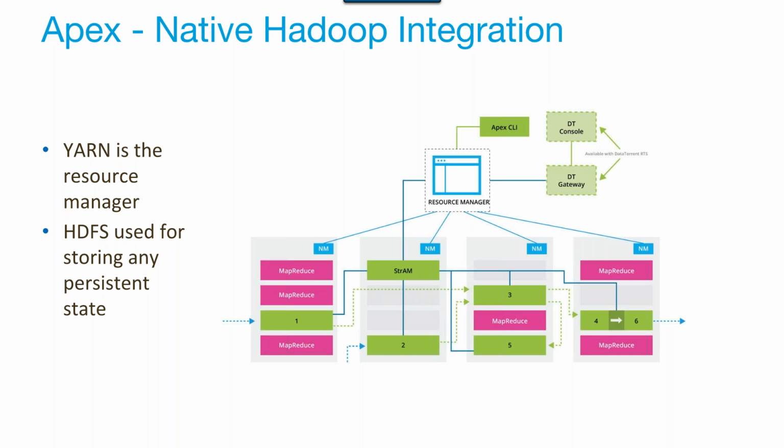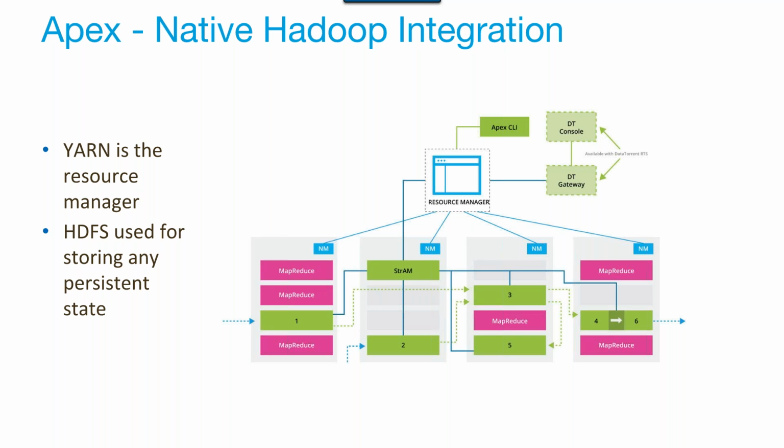On top of it, we have the Apex CLI, the Apex command line interface, which is used for launching the application. On the right-hand corner, we have the DT console and DT gateway.